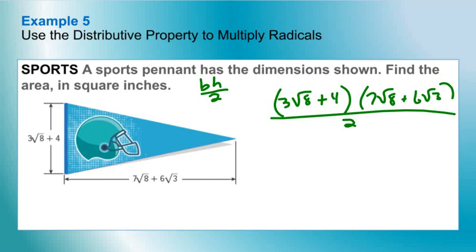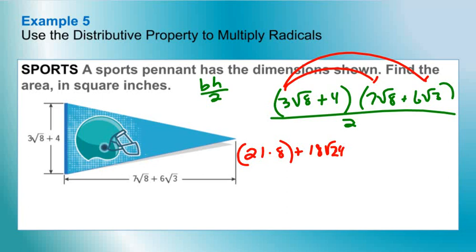So using the distributive property, or FOIL, this will give us 21 times 8 plus 18 square root of 24, and then plus 28 square root of 8 and plus 24 square root of 3.